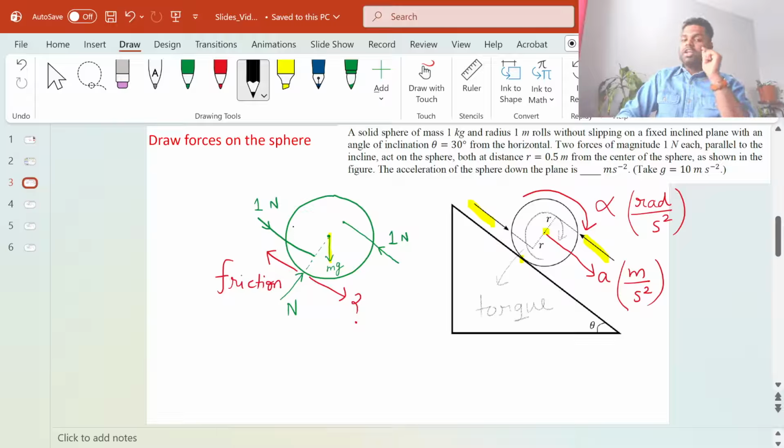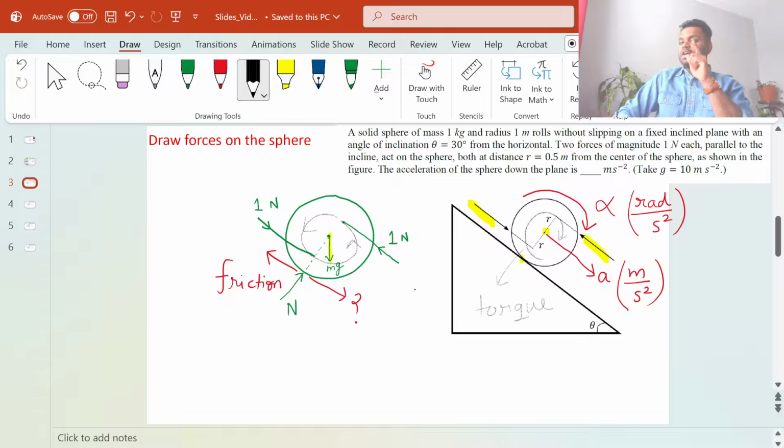Now let us look at this figure. The mg, the weight, is acting at the center, so it is not creating any torque about the center of gravity. Normal force is not creating any torque. This 1 Newton and this 1 Newton, they are creating a counterclockwise torque.